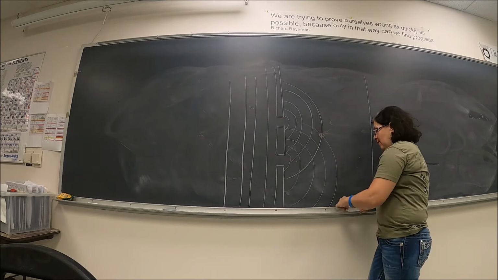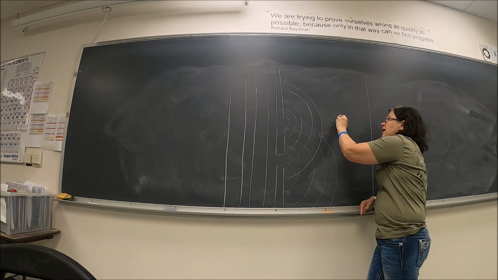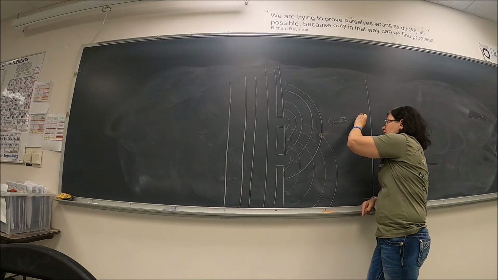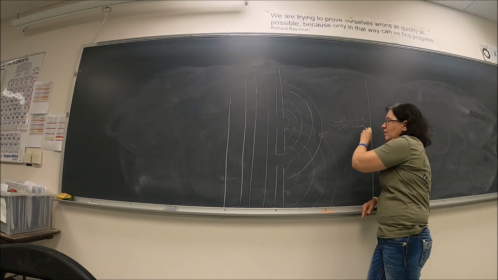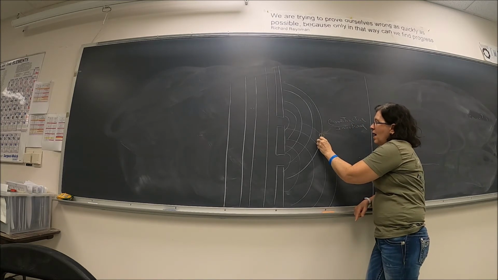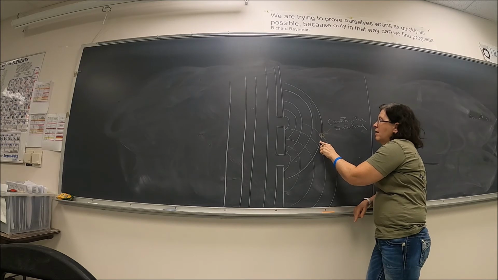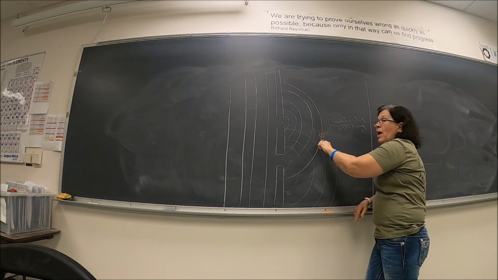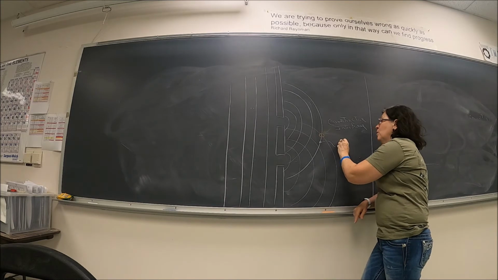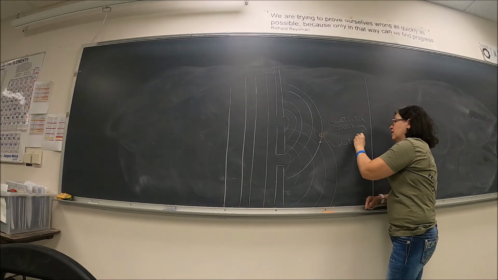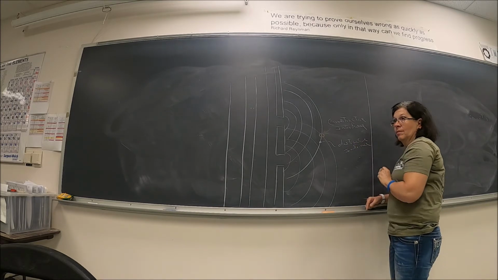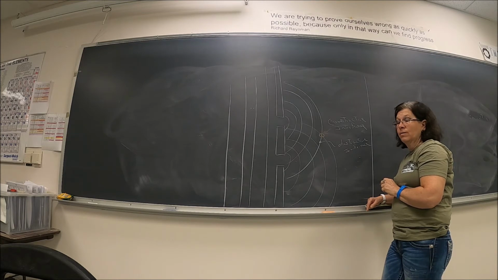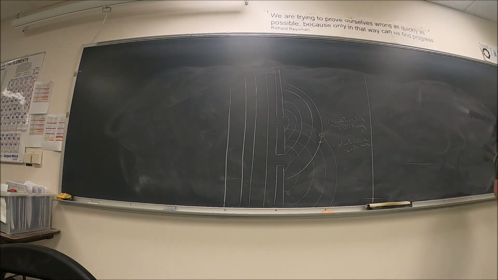This is constructive interference. If I'm at a spot right here, this wave is going up, but this wave is going down. This would be destructive interference. Constructive, destructive. So we've got constructive and destructive interference going on.